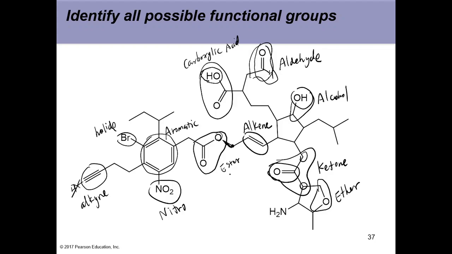Try to differentiate the spelling between ester and ether. This is NH2 attached to a simple carbon. It's an amine, actually a primary amine. You can certainly look at any other organic molecules and practice identifying the functional groups.